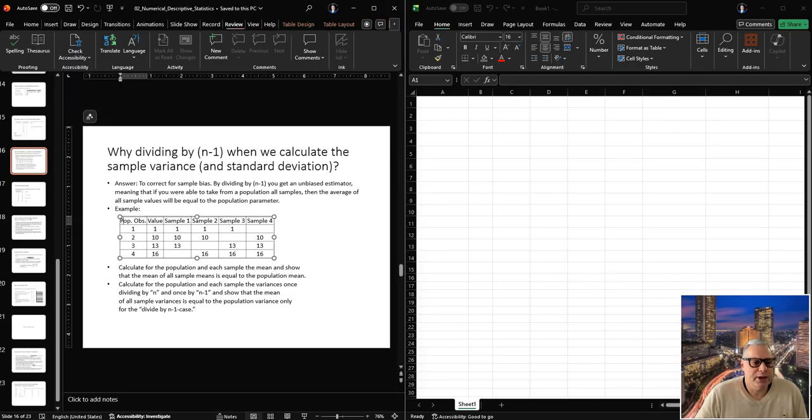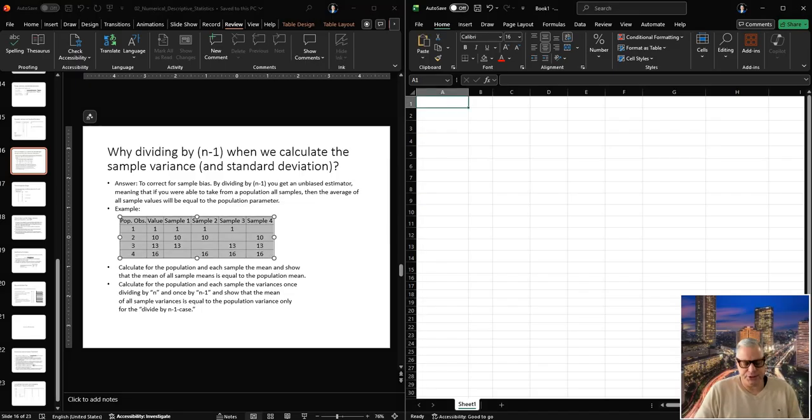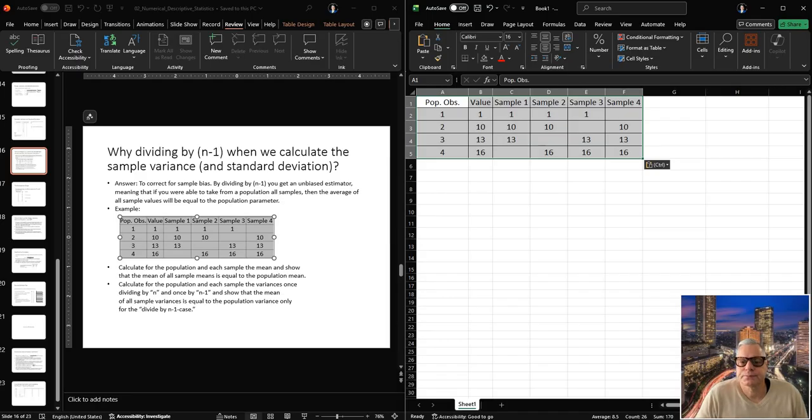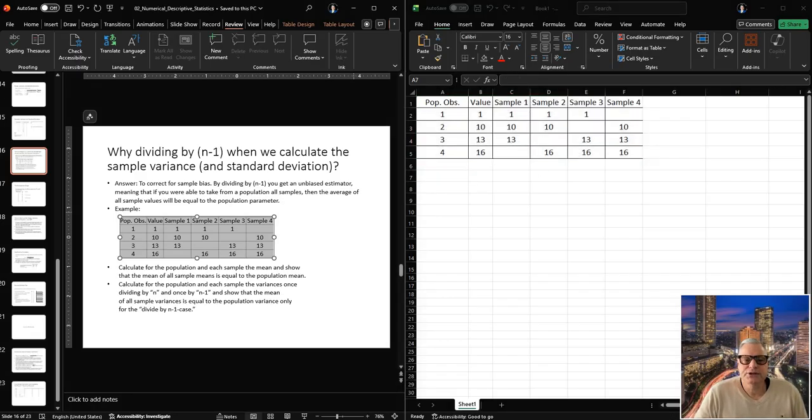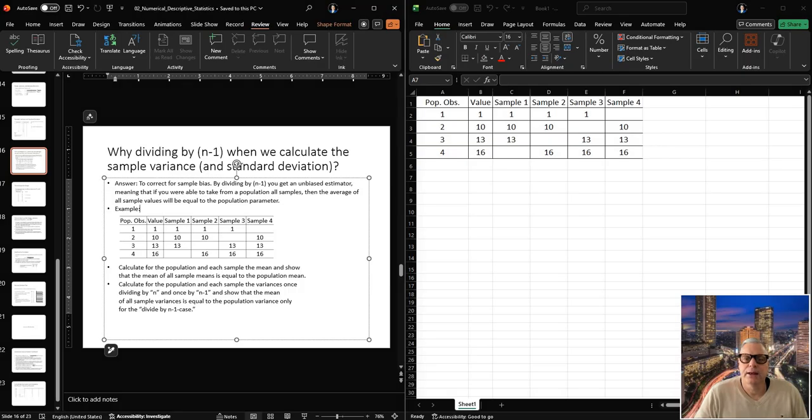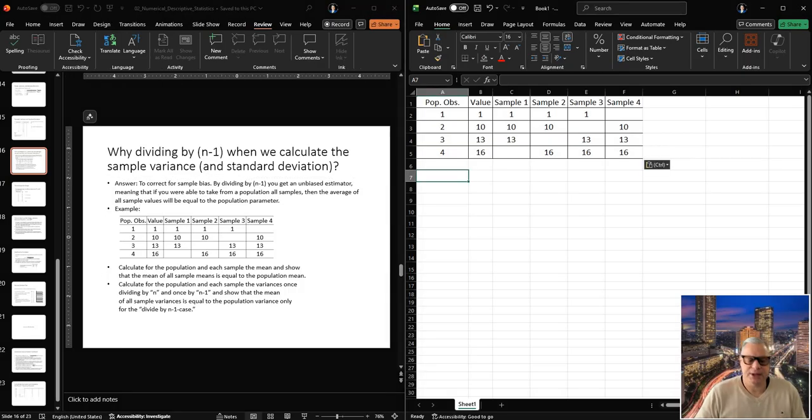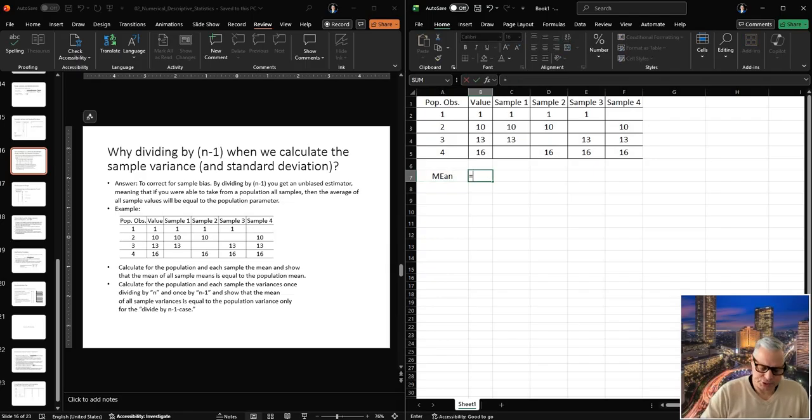So let's walk through that example, and I'll quickly copy that and paste it into Excel. The first thing I want to show you is that the mean is an unbiased estimator. So let's calculate the mean. The formula for the mean in Excel is AVERAGE. Let's calculate the average for the population.